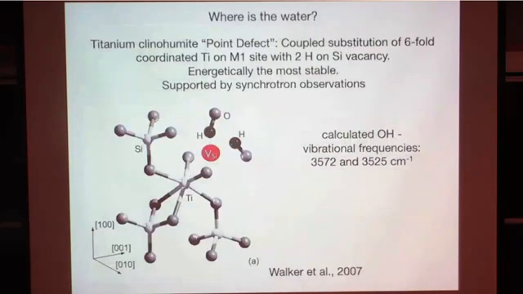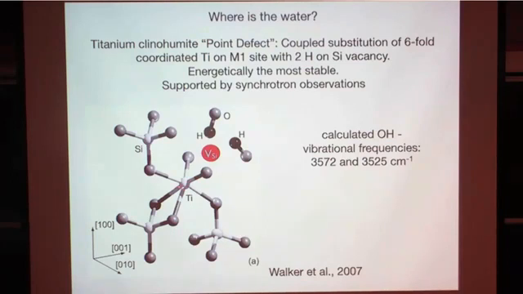Looking at the olivine structure, here's your silicon tetrahedron, various tetrahedra, then you have the magnesium in here. For this particular absorbance, the defect structure, in this case calculated from ab initio molecular dynamics simulations, is that you get the right kind of vibrational frequencies if you have a titanium, which was on the list of these trace elements in olivine, on a magnesium site. Then you have to think about charge balancing.